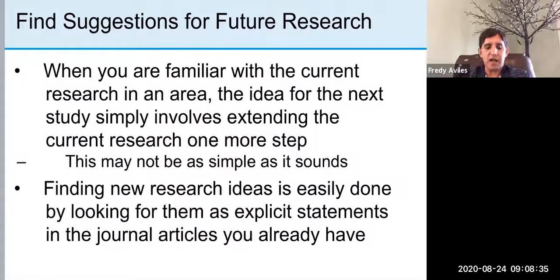Research nowadays that is worth publishing is actually not so simple. It used to be in the past that you could publish a simple study where you showed that alcohol increases aggression. Nowadays, to get something published, you need a lot more than that. You can't just show that alcohol increases aggression. You have to show why, okay?